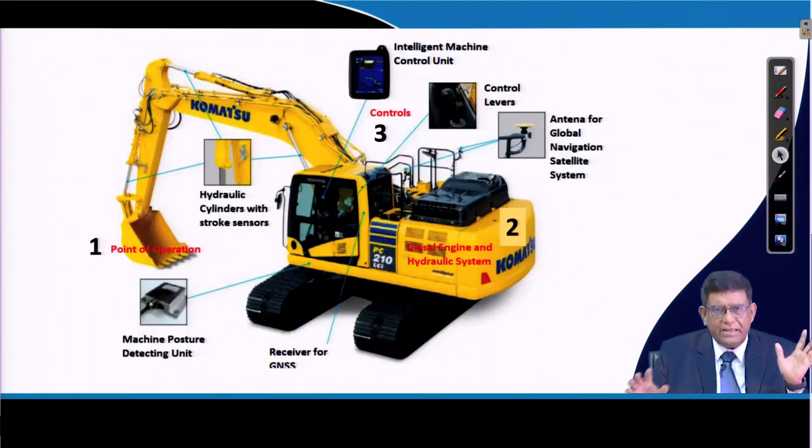Now, if we see a mining machinery, or a modern excavator used in construction, from Komatsu, one of the biggest mining machinery manufacturing companies, which has now developed automated, manless trucks and many other things, they have introduced advanced technology into the machinery.